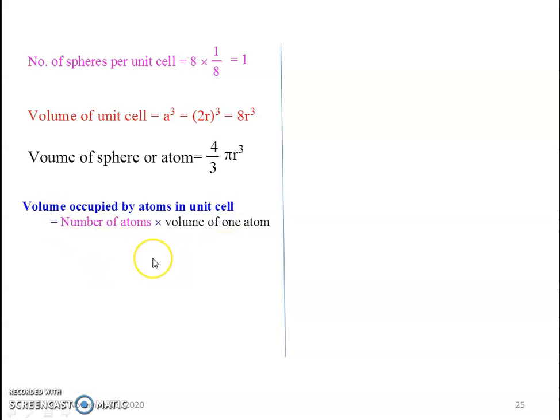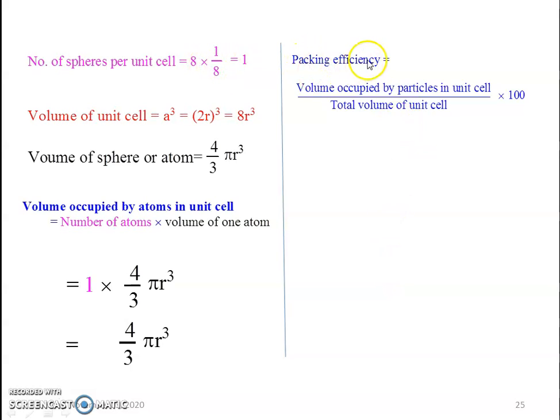Now the volume occupied by atoms is the number of atoms present in the unit cell into the volume of one atom. But in a simple cubic structure there is only one atom in the unit cell, so it is 1 into 4 by 3 pi r cube. So the volume occupied by atoms in the unit cell is 4 by 3 pi r cube.